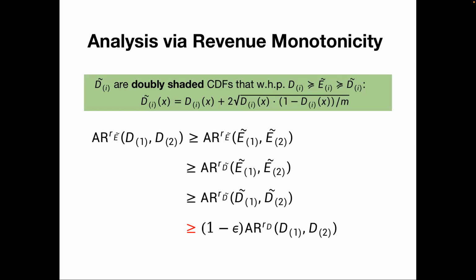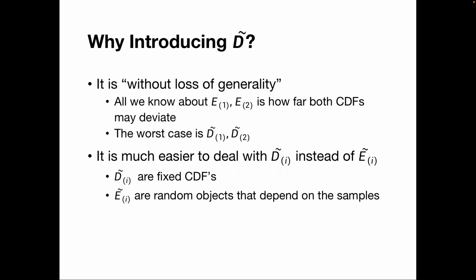Intuitively, you can imagine that this just increases the sample complexity twice and gives asymptotically the same sample complexity. But this doubly shaded CDF is much more convenient to analyze than the empirical distribution, because it's a fixed CDF, but the empirical distributions are random objects that rely on the samples.